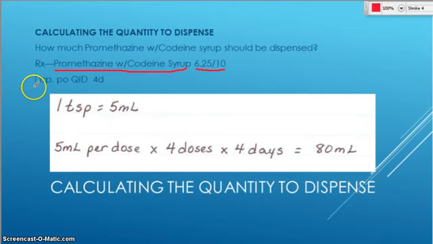The doctor says they're going to take 1 teaspoon by mouth 4 times a day for 4 days. Again, we want to use standard conversions. So 1 teaspoon is 5 milliliters. So each dose is 5 milliliters. QID means 4 times a day, and we're doing it for 4 days. So 5 times 4 times 4 gives me a total quantity to dispense of 80 milliliters.